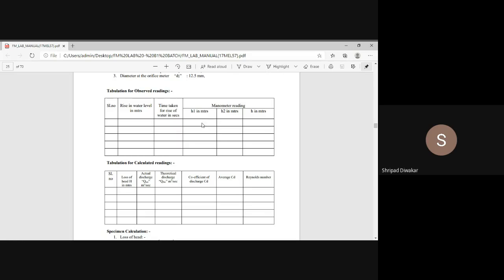Shall I give this, H1 is 8.7? Note down. So first set: 0.1 meter, 39 seconds, and H1 is 8.7. H2 is 3.4.